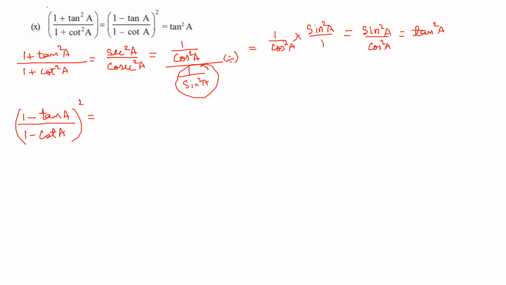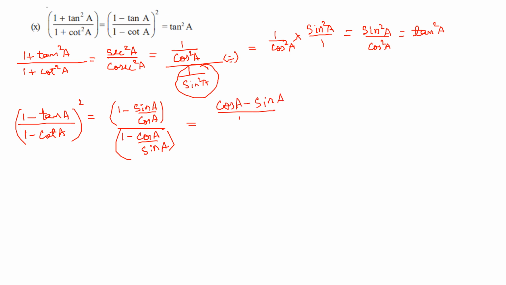Now tan A I can write as sin A by cos A, and cot A I can write as cos A by sin A. Okay, now let's take the LCM. So it will become cos A minus sin A by cos A, and denominator will be sin A minus cos A by sin A, isn't it?